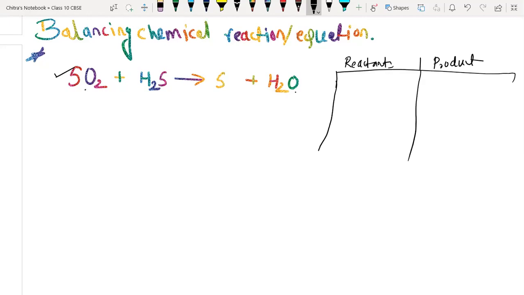First we will check whether sulfur is balanced or not. On the reactant side we have two reactants. In the first reactant we have one sulfur atom, so we write one over here. And in the second reactant again we have one, so we write one again. So the total number of sulfur on the reactant side is 2.